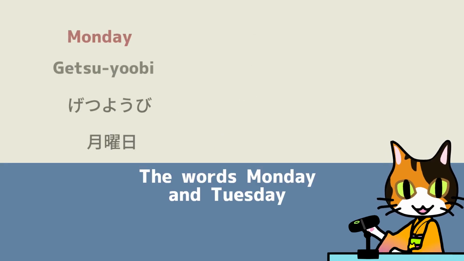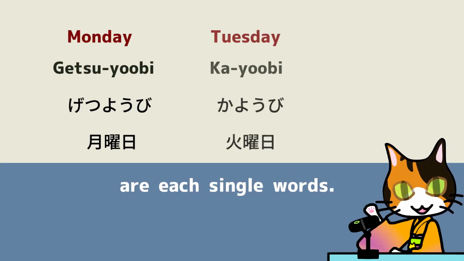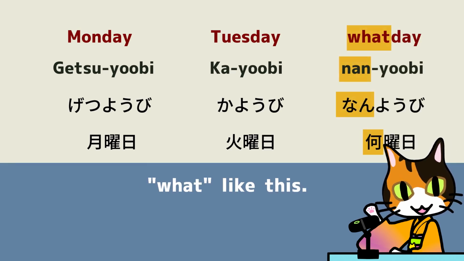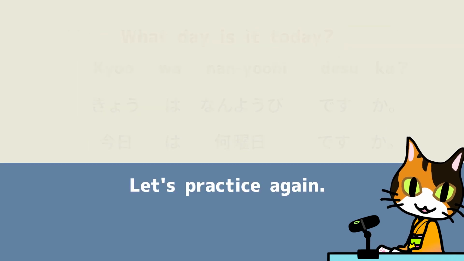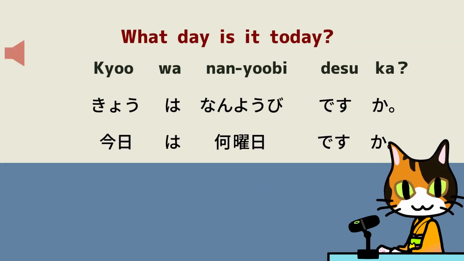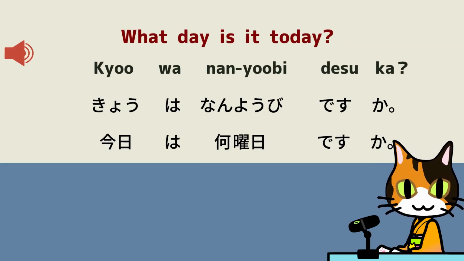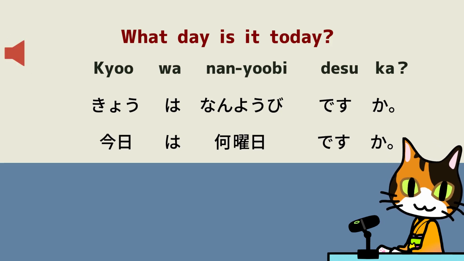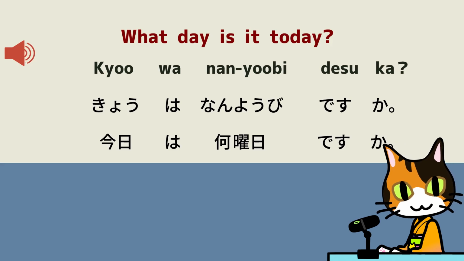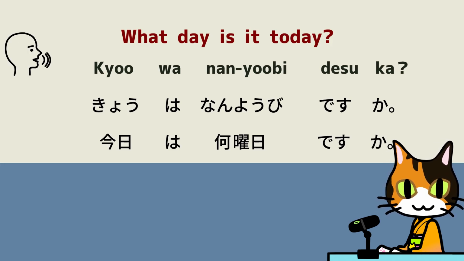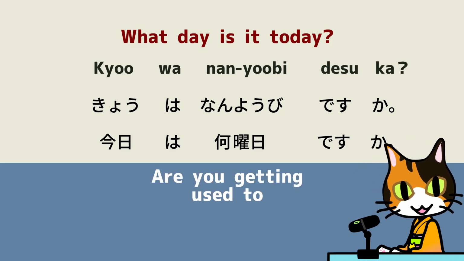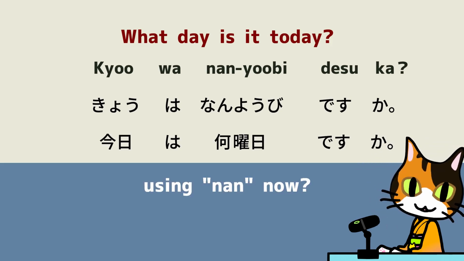The words Monday and Tuesday are each single words. However, you can also replace the unknown part of a word with what, like this. Let's practice again. 今日は何曜日ですか？ Very good. Are you getting used to using nan now?